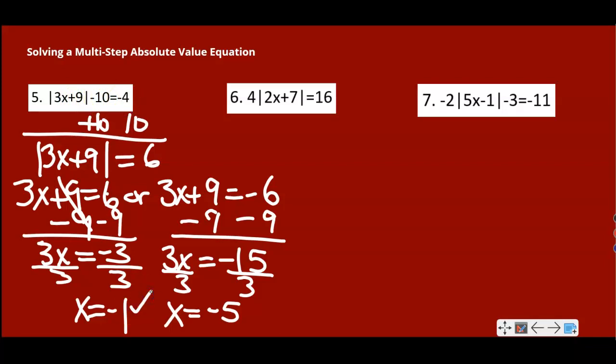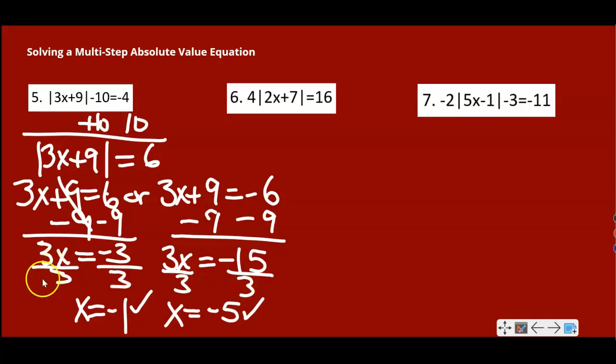So this one works. -5 times 3 is -15. -15 plus 9 is -6. Absolute value of -6 is 6. 6 minus 10 is -4. So this one works as well.